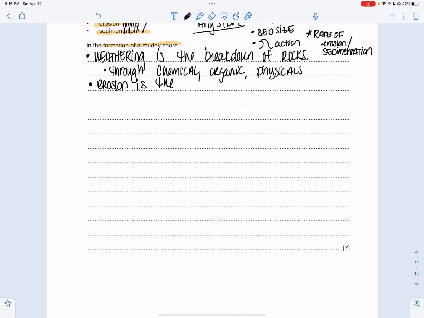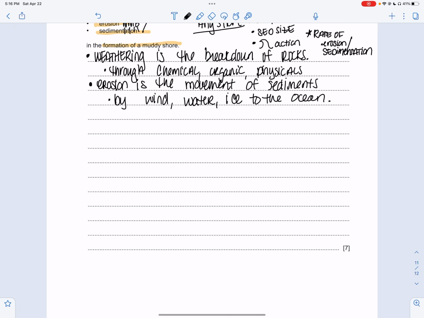Erosion is the movement of sediment by wind, water, ice or glacial, to the ocean. And yeah, so this question didn't have gravity on there because, and this is my thought, right?